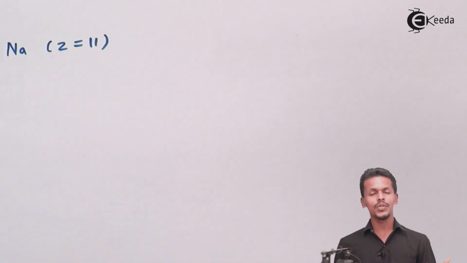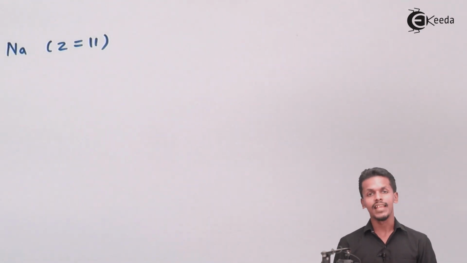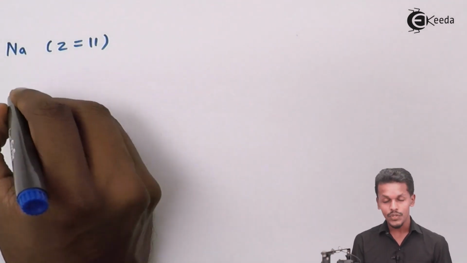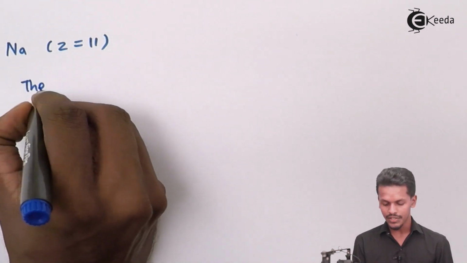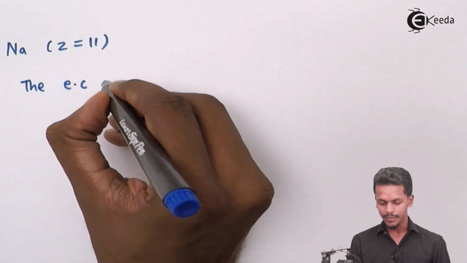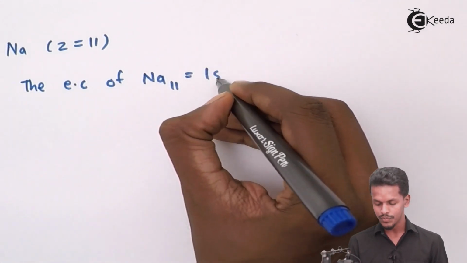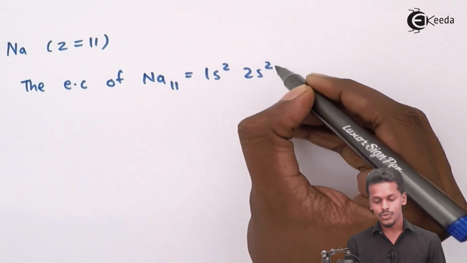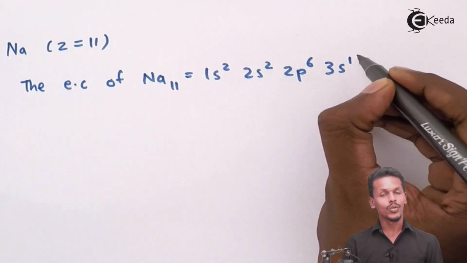Since we know how to write the electronic configuration, and in this case the atomic number is mentioned, the first thing we should do is write the electronic configuration of sodium. The electronic configuration of sodium 11 can be written as 1s2, 2s2, 2p6 and 3s1.